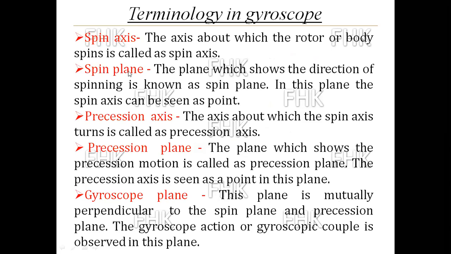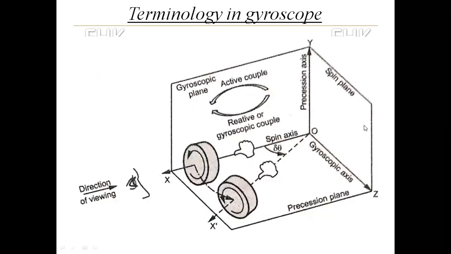Second one, spin plane. The plane which shows the direction of spinning is known as the spin plane. The plane in which you can see the actual rotation of the rotor or rotating mass, whether that rotor is rotating in anti-clockwise direction or in clockwise direction.